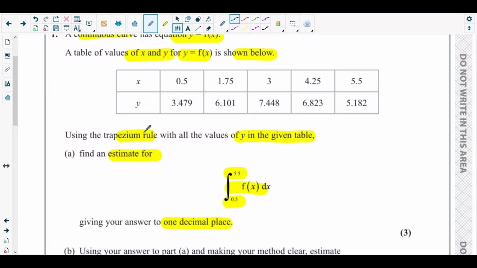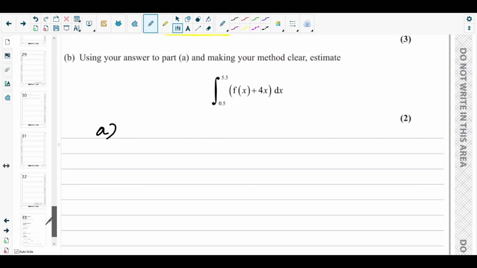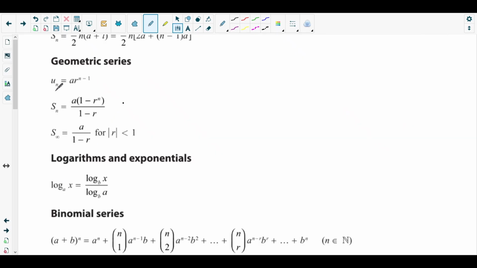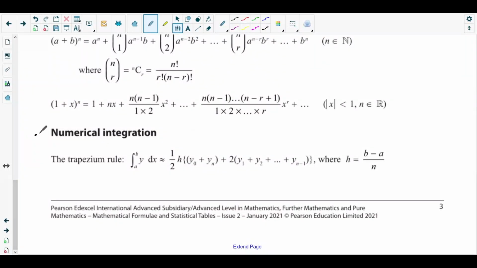We need to use the Trapezium rule. If you don't know the formula, no worries, it's given in the formula booklet. Right at the end of the P2 part, it's given under numerical integration, the Trapezium rule.